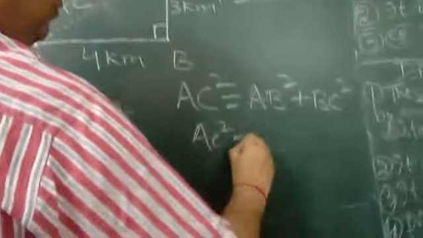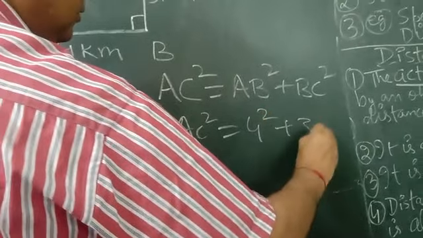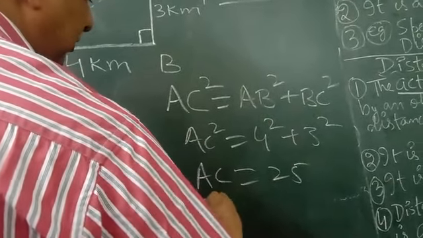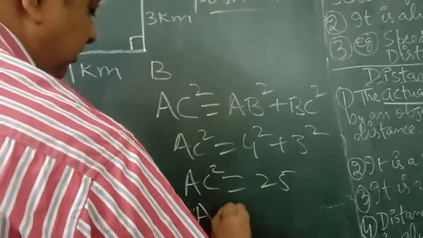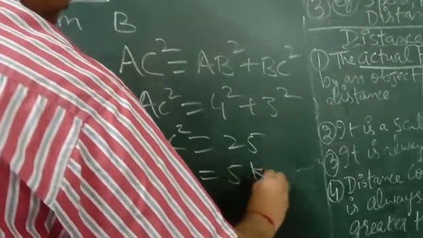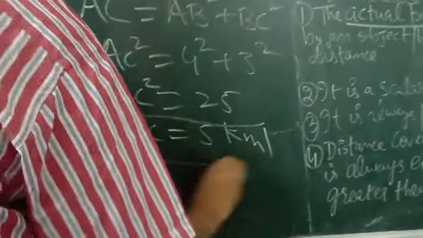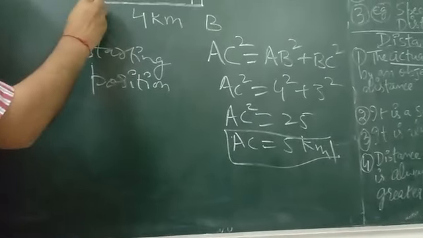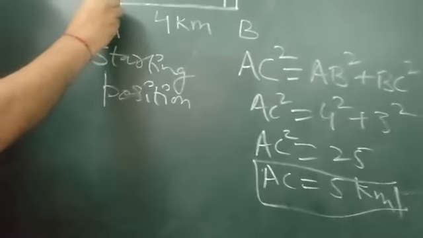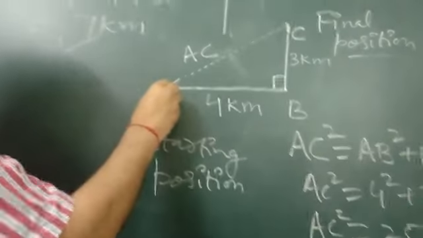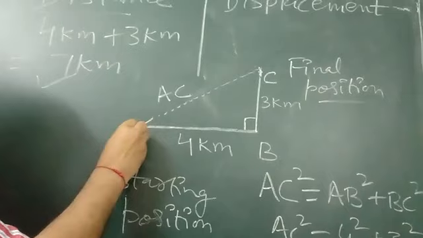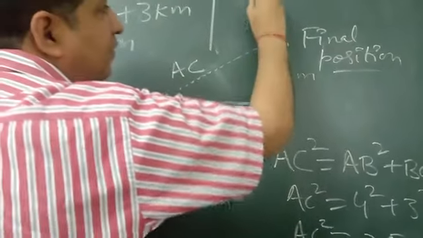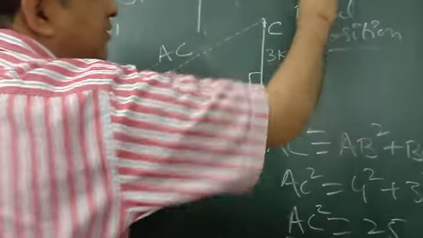And if you solve it, this gives us a value equal to 5 kilometers. So the shortest distance between initial position A and final position C is 5 kilometers.